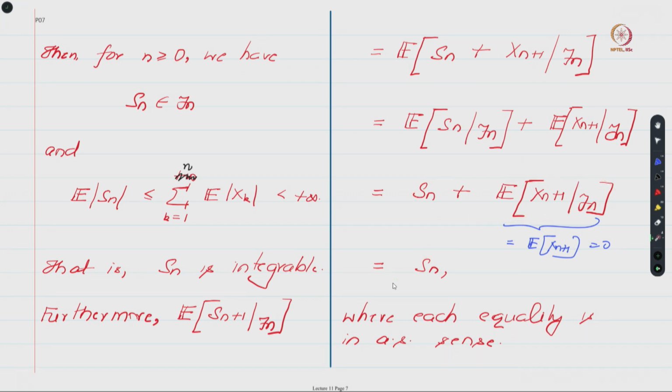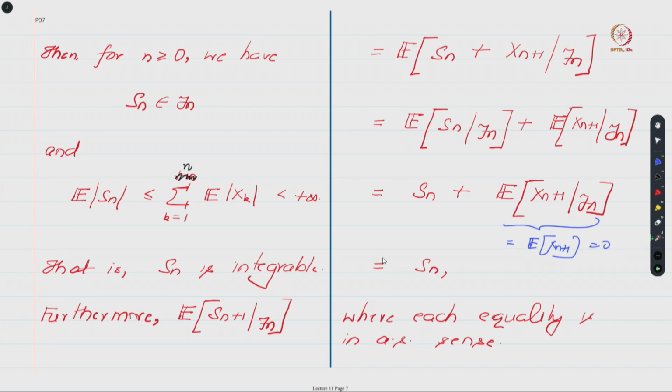I would like to highlight that all these equalities hold only in an almost sure sense. So what have we seen so far? That if I take the conditional expectation of Sn+1 given Fn, then it equals Sn, and from this we can conclude that Sn is actually a Martingale sequence.